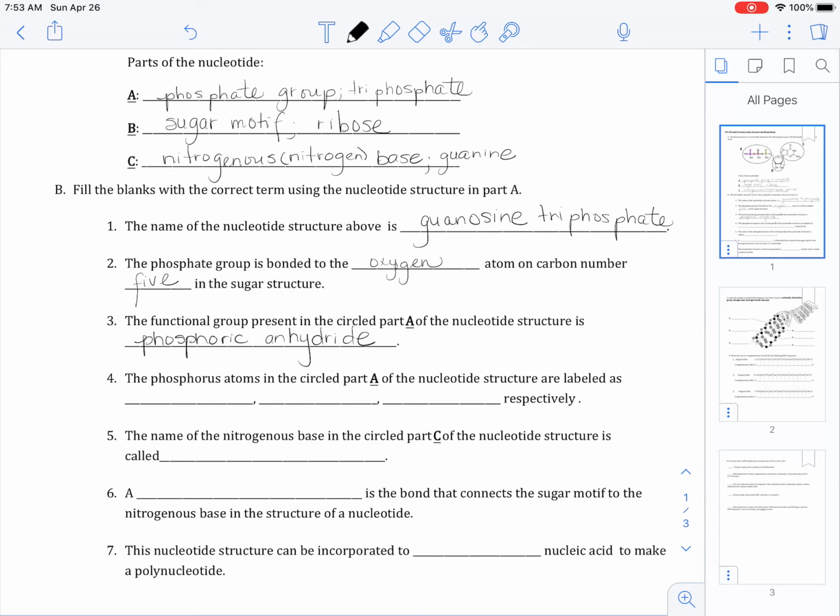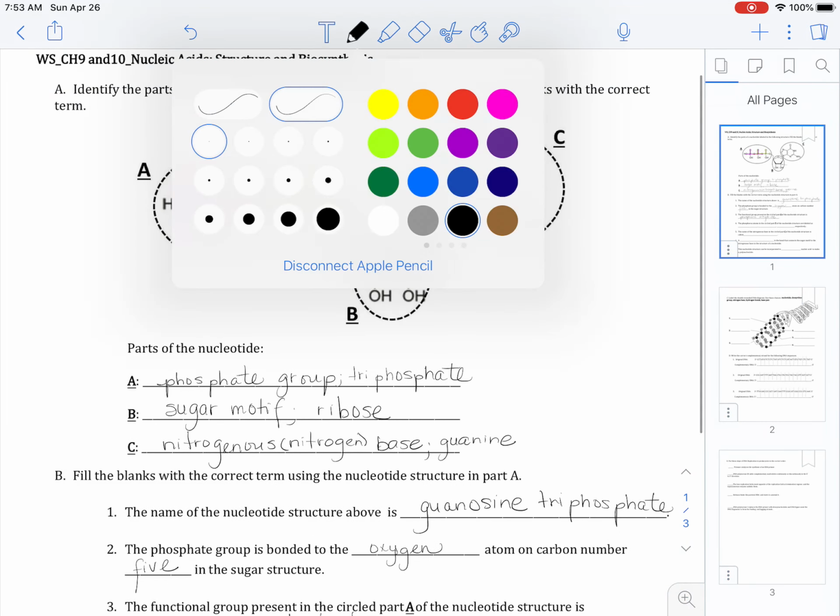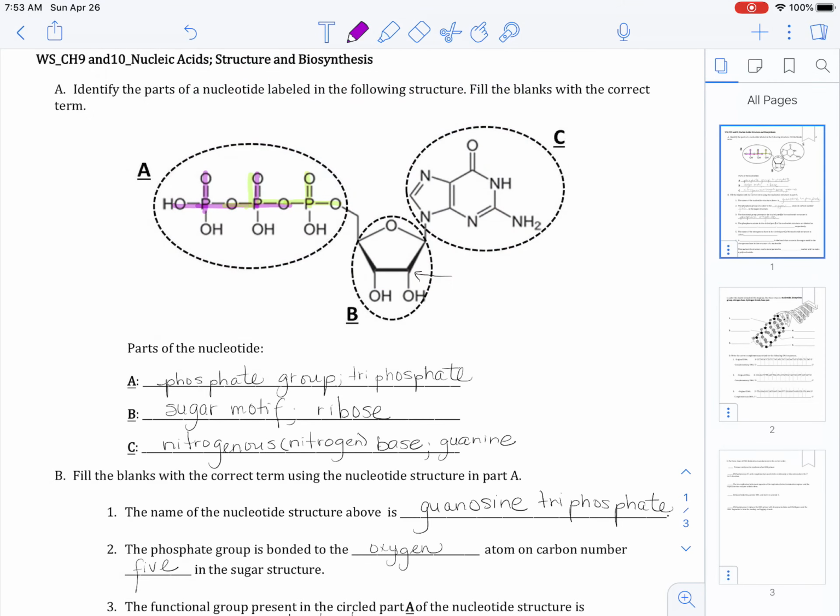Part 4, it says the phosphorus atoms circled in part A of the nucleotide are labeled as certain words respectively. So when it comes to this, I'm going to do it in a different ink. These phosphorus groups are labeled as alpha, beta, and gamma.